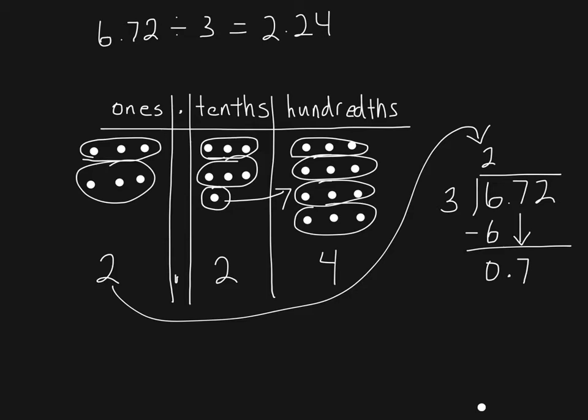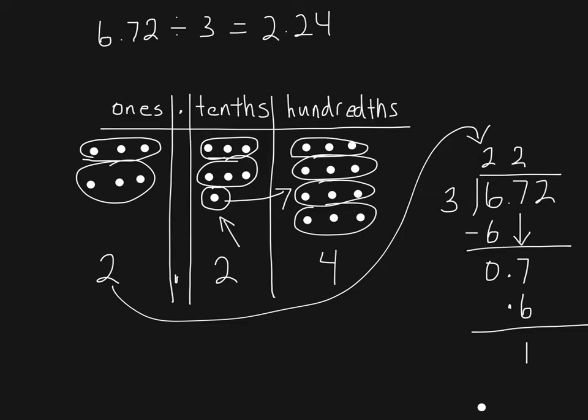So I have 2 groups of 3 in 7/10. So 2 times 3 is going to be 6. And just like I did over in my place value chart, when I subtract, I see that I have 1 left over.